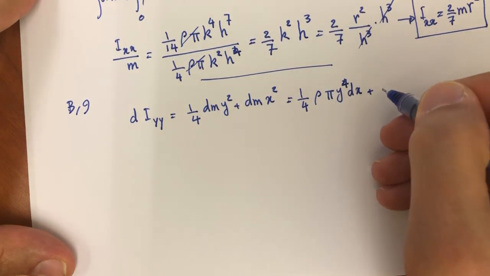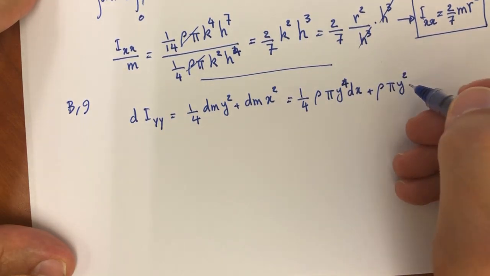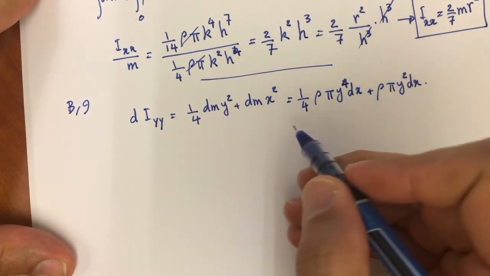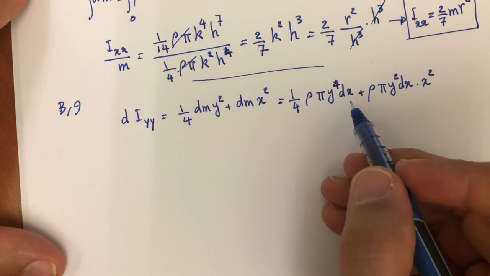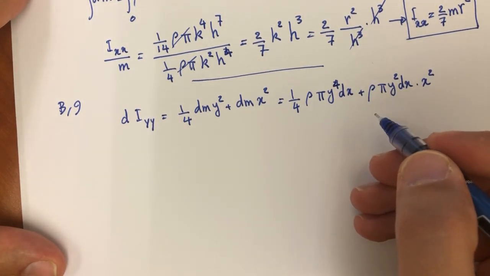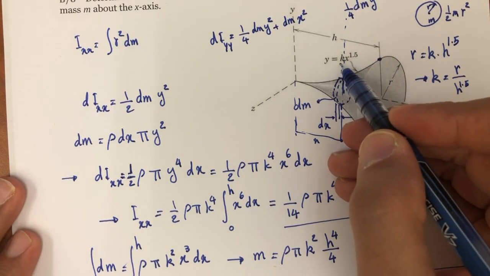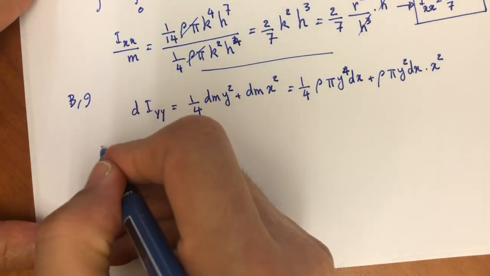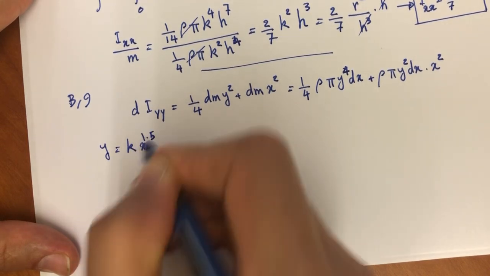Plus dm, which is again rho pi y squared times dx, times x squared. And we know based on that equation, y is equal to k times x to the power of 1.5. We know this equation, so I can replace all the y's with k times x to the power of 1.5.